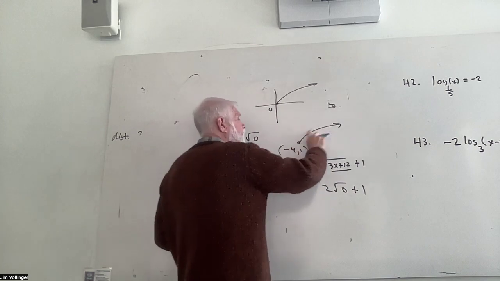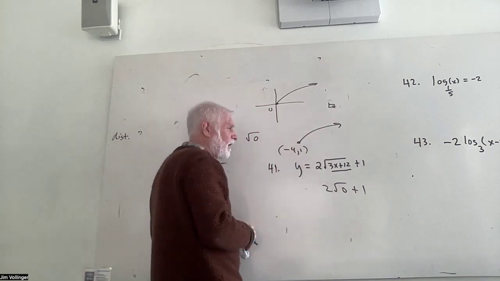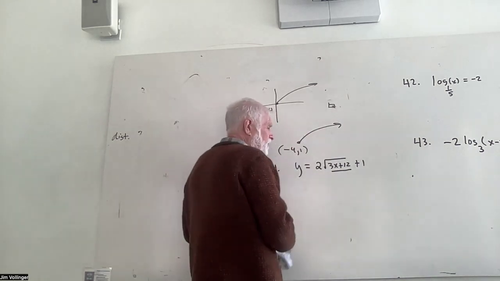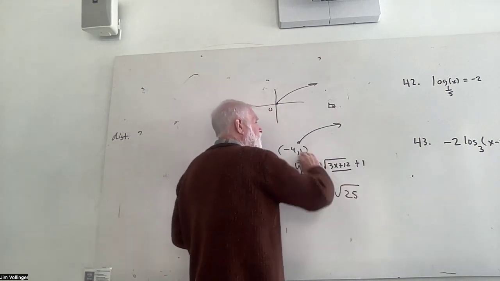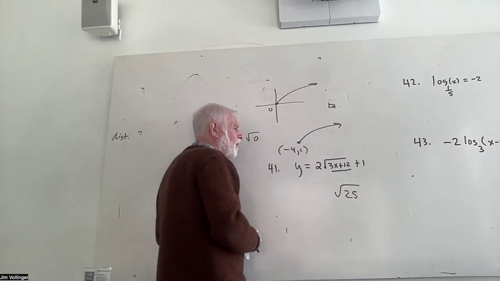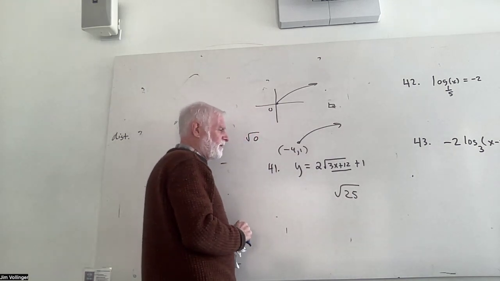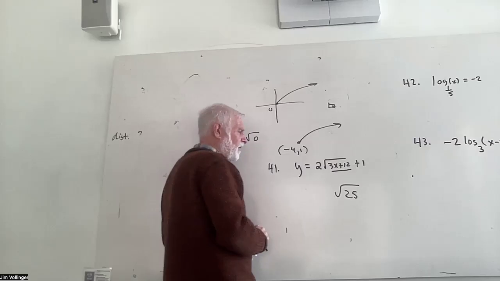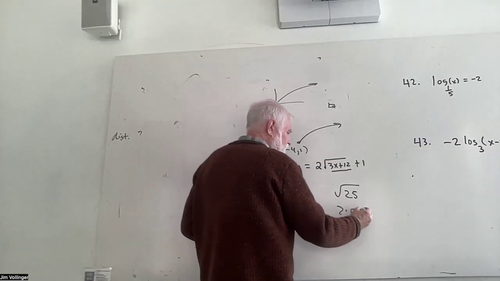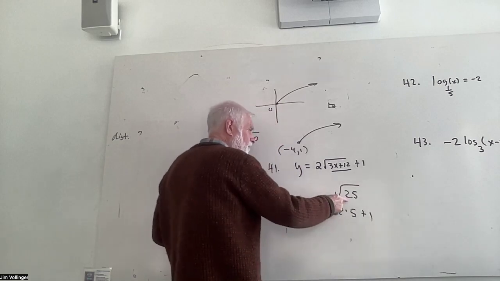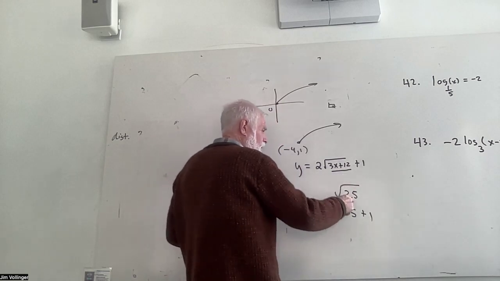Now, you can pick another random value. I don't care what value you work with, but I hope you pick some square root that's easy to work with. I like 25. Takes me out a ways, and therefore I've got nice approximations once I find that. So the square root of 25 is 5. 5 times 2 is 10, plus 1 is 11, if I pick the right number. So I got to take 12 away.